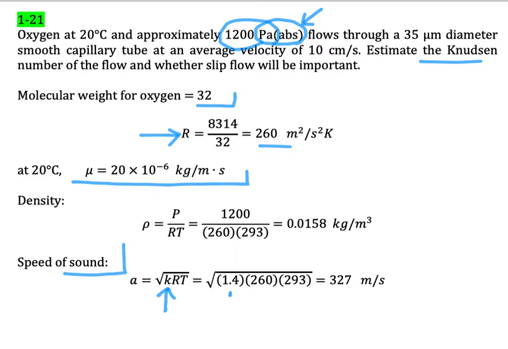So you need to check the value of k when you do your calculation. If you use nitrogen, maybe you need to use 1.3. Okay, and then we substitute the value of R and the value of temperature, so we get the speed of sound is 327 meter per second. All of this is actually the parameters that we need to calculate the Knudsen number.